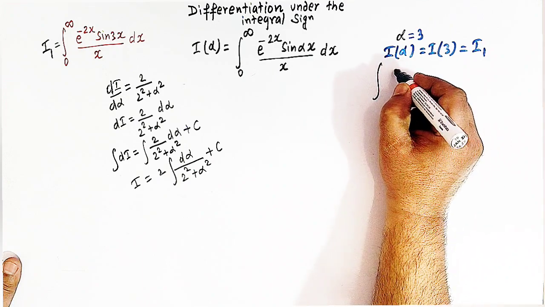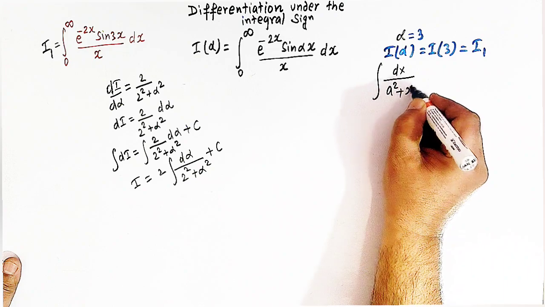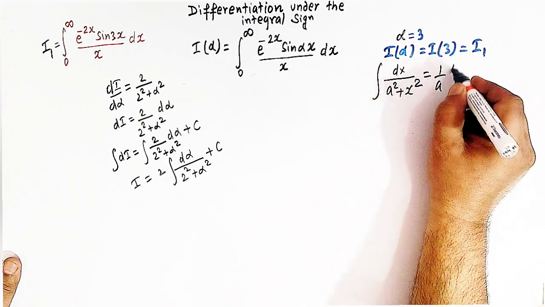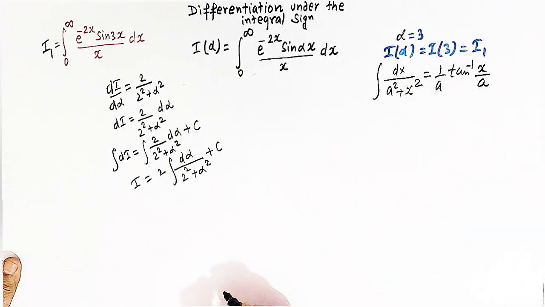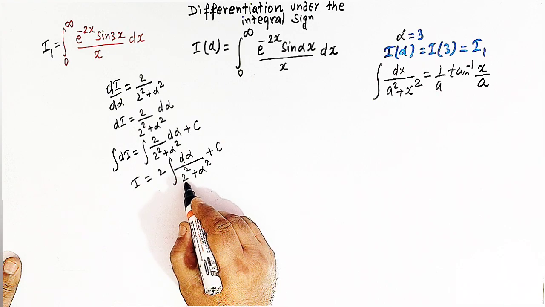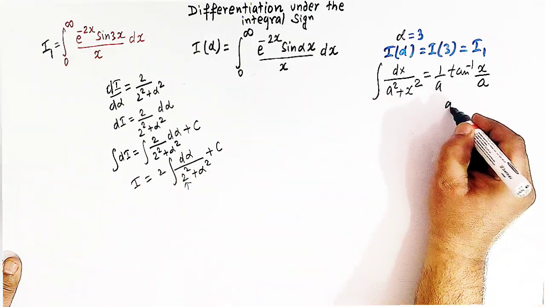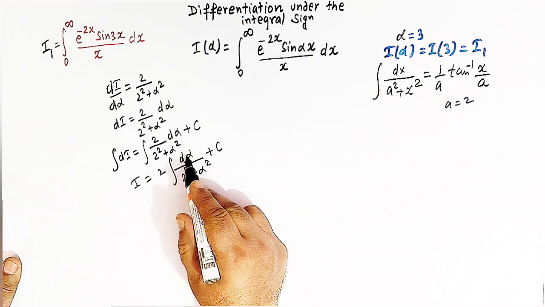So the result goes like this: if we have the integral dx over a square plus x square, then the value of this integral is 1 over a tan inverse x over a, right? So here the value of a is 2, and the variable x is alpha, right?